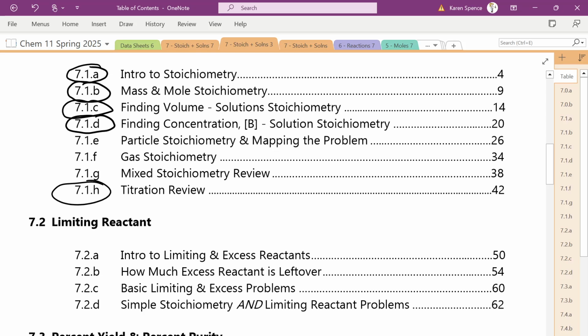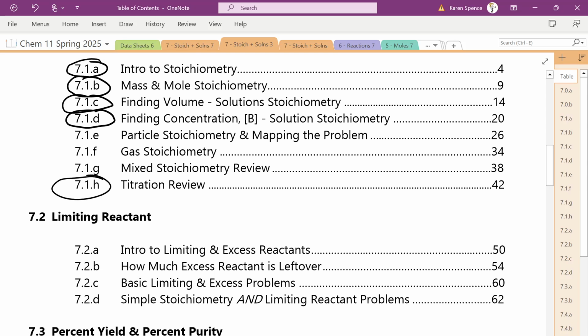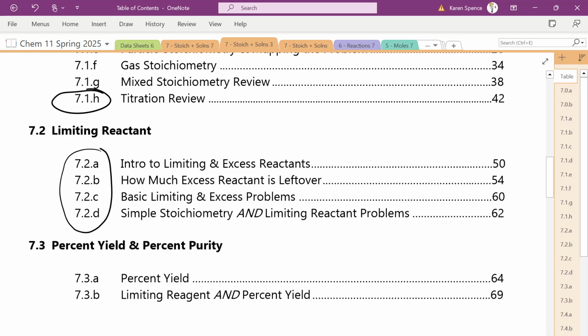So that's our basic stoichiometry. Limiting reactant, all of it. One of the things that you haven't done yet is the one that has simple stoichiometry and limiting reactant problems. After we've learned our little lesson today, that might be a good thing to work on, because you don't want to be trying to do limiting reactants when it's just regular, and you don't want to be doing simple stoichiometry when it is a limiting reactant.